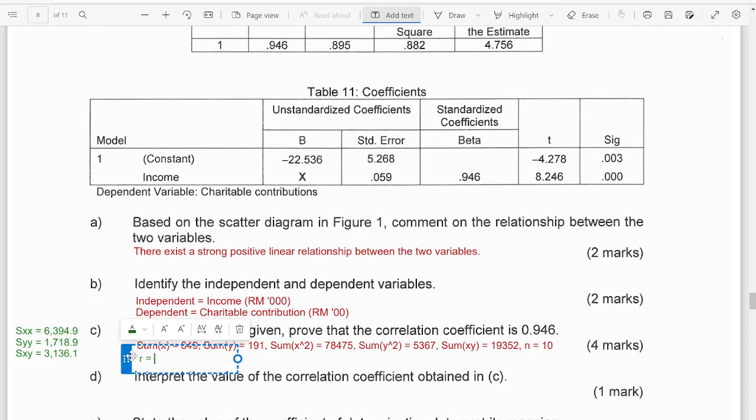So in this case, this one is SSXY divided by the square root of the whole thing, SSXX times SSYY.